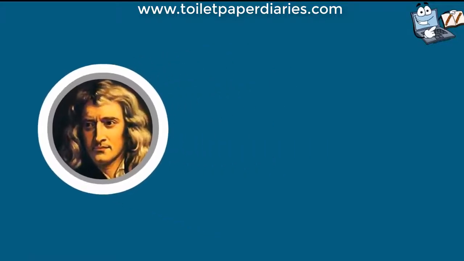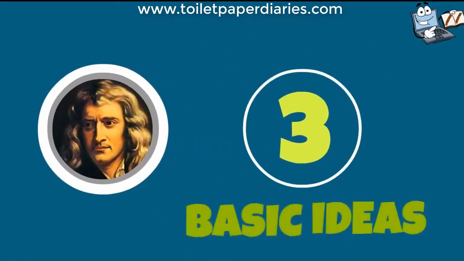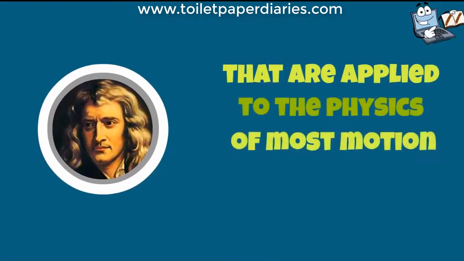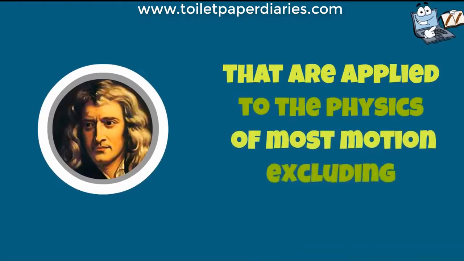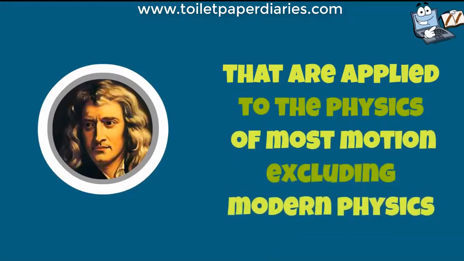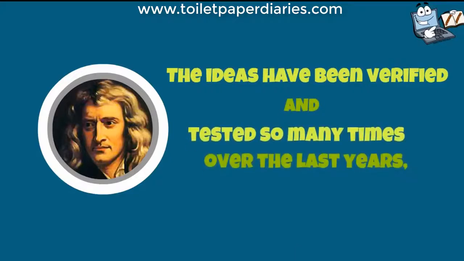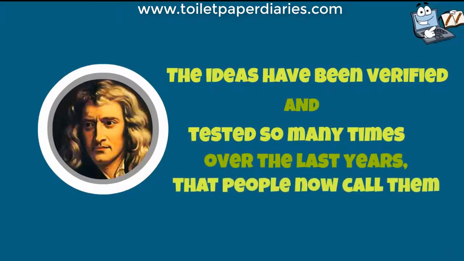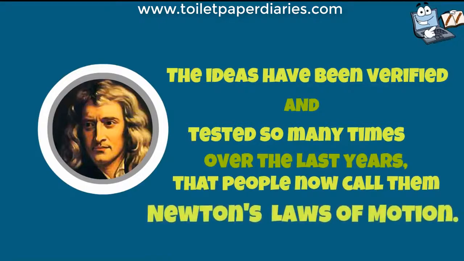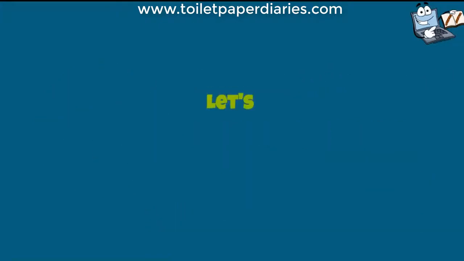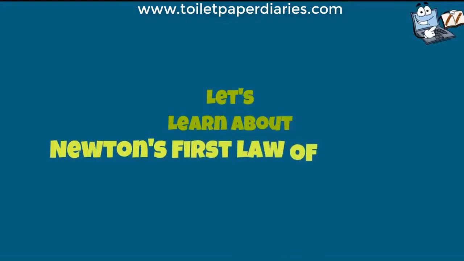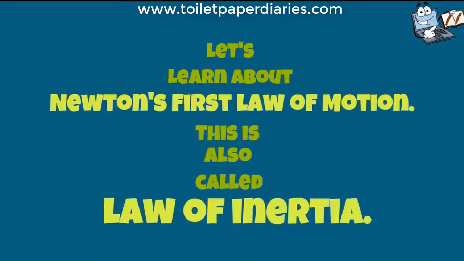While working, he came up with the three basic ideas that are applied to the physics of most motion, excluding modern physics. The ideas have been verified and tested so many times over the last years that people now call them Newton's laws of motion. Let's learn about Newton's first law of motion. This is also called the law of inertia.